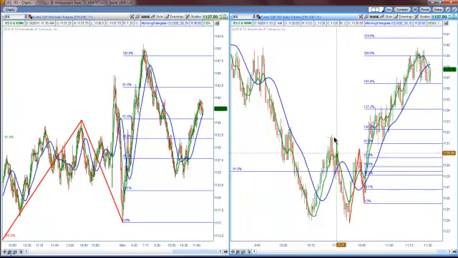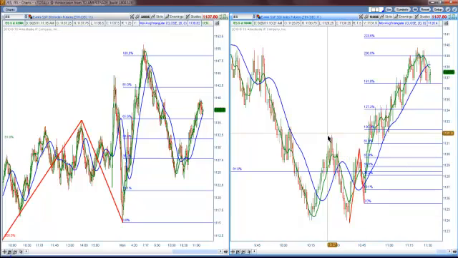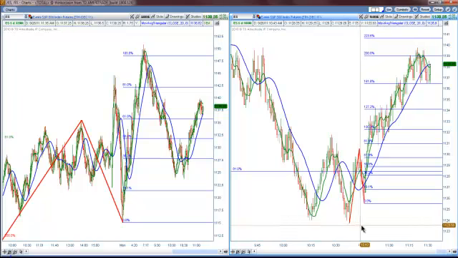Because this angle right here exceeded in degrees this downward sloping angle, the next move down, this next retracement, should not breach this low. The preponderance at this point is that the market should start moving up.